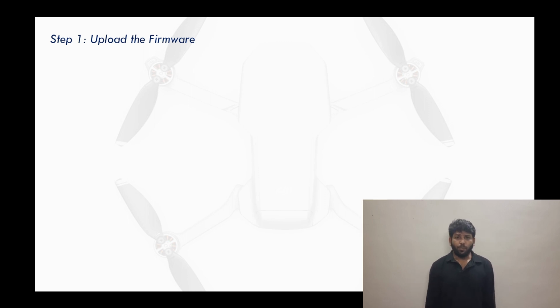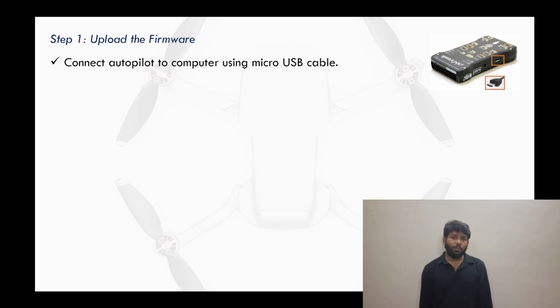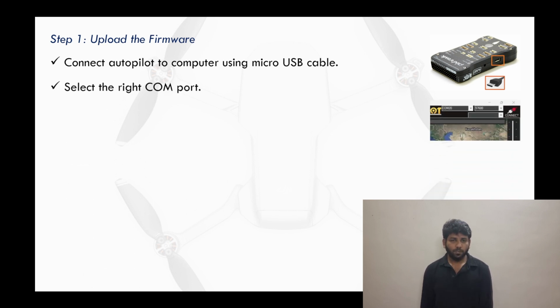Step 1. Upload the firmware. Use a USB cable to establish a connection between autopilot and your computer. Identify and choose the correct COM port to establish a reliable connection between autopilot and computer.